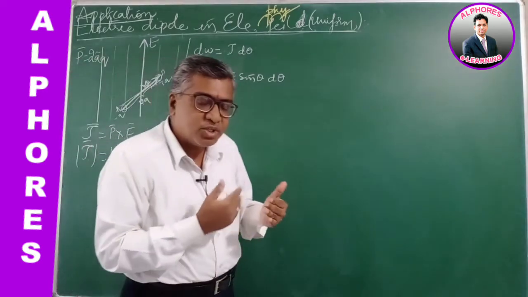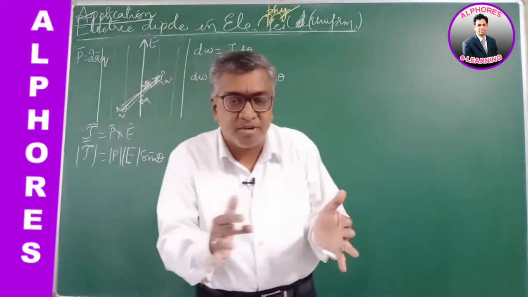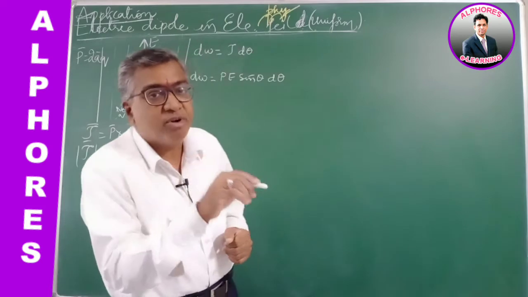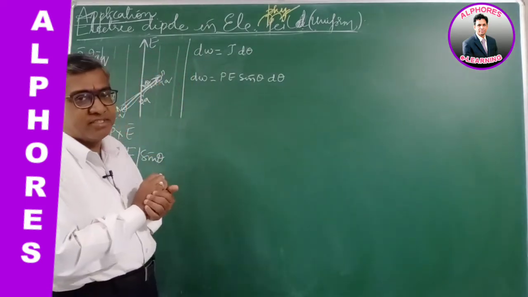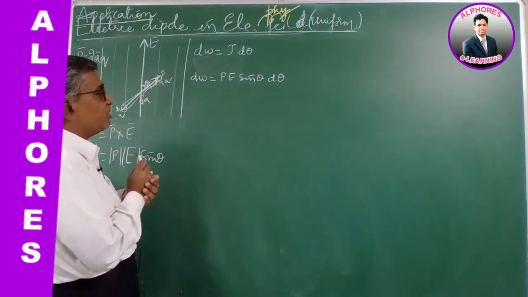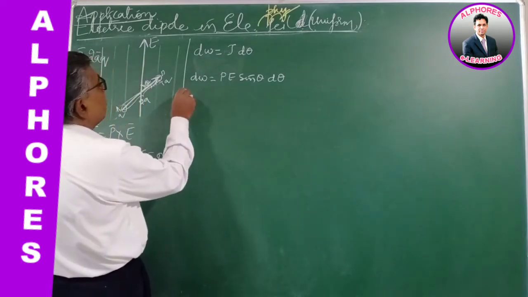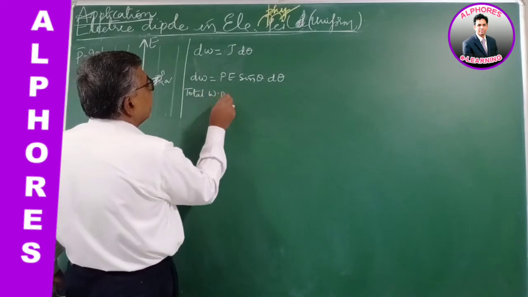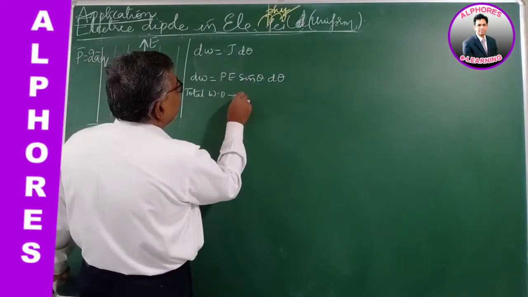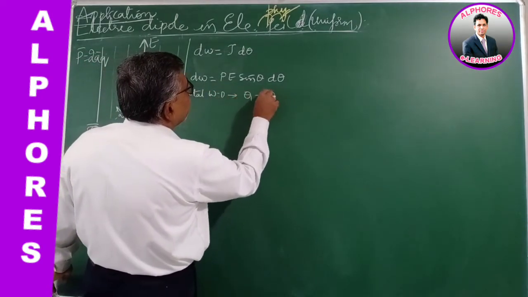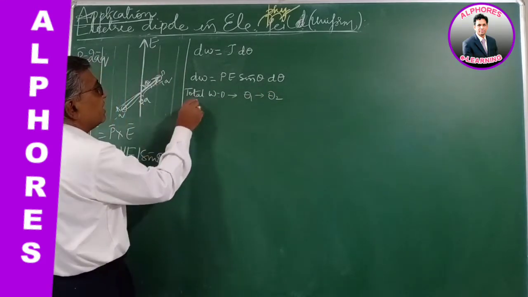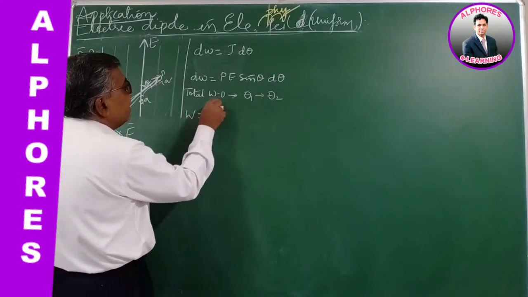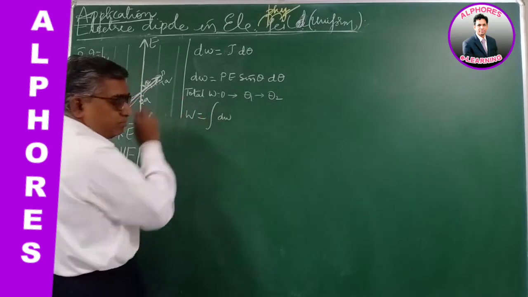If you have to find the total sum of all the products, we have to perform integration. Whenever you come across such a mathematical expression, you have to perform integration. So the total work done in turning the dipole from theta 1 to theta 2 angle, W, is integral dW.